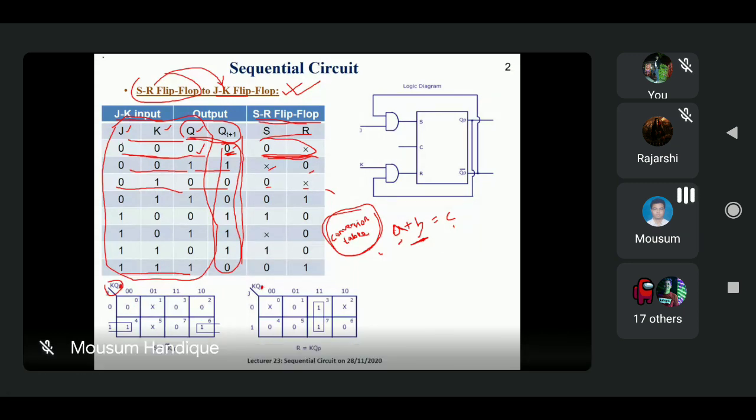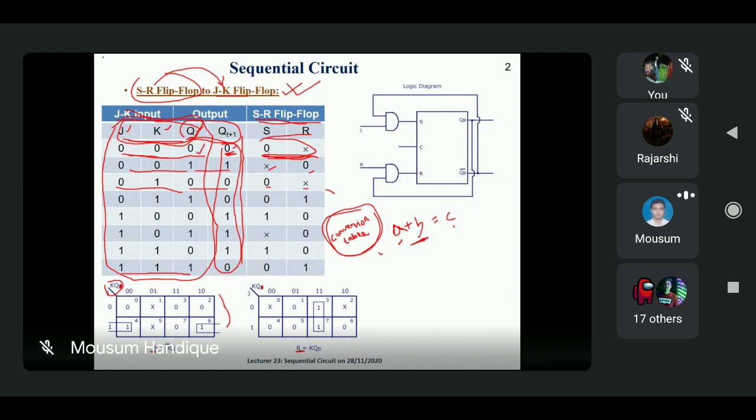See, this particular K-map we are constructing for S, and another K-map we are constructing for R. But our input is the same: J, K, and Q. When J, K, Q is 0, 0, 0, S is also 0.